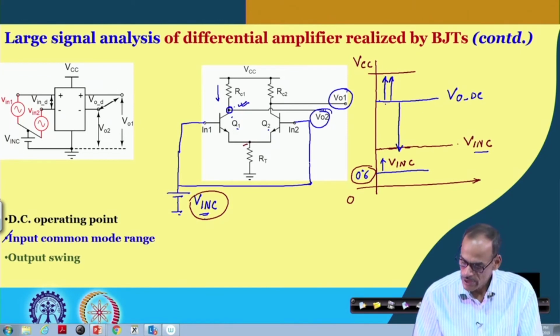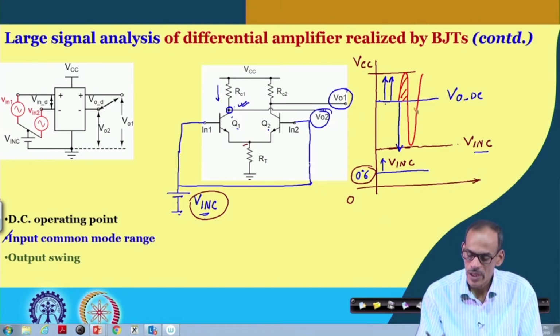So, whatever the range we are talking about here, this side and this side, that is referred to as the possible signal swing.